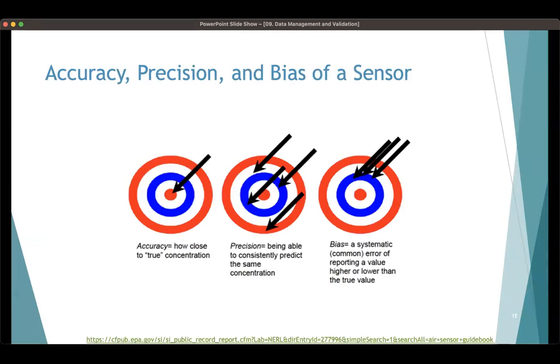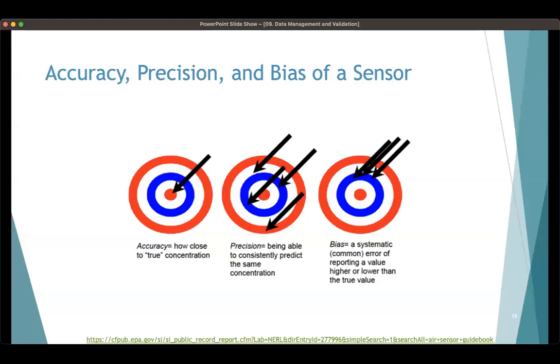Accuracy, precision and bias of a sensor. Okay, if you have learned these ones, accuracy, precision and bias, what do you think? මොකක්ද accuracy, precision and bias of a sensor? Accuracy කියලා කියන්නේ?